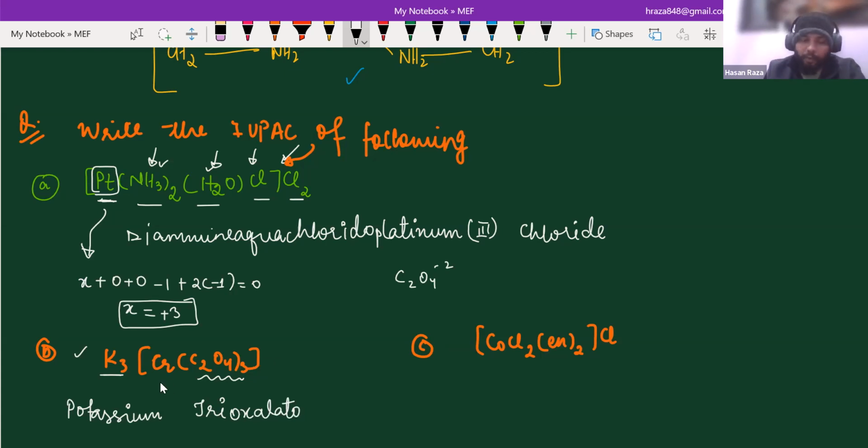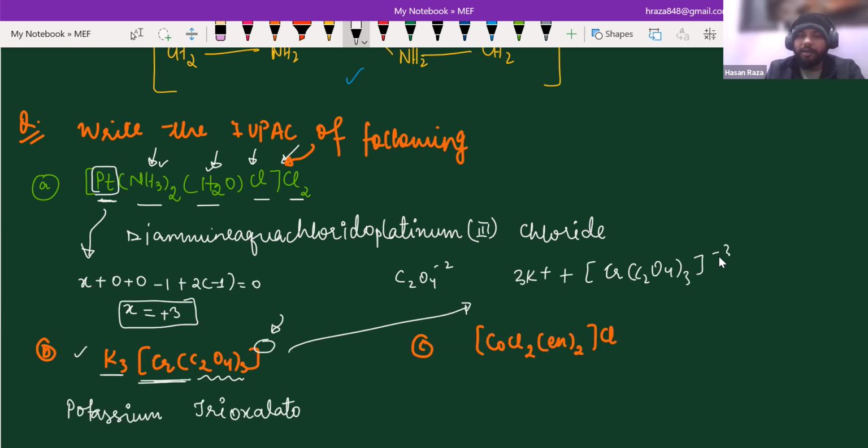And then before writing the name of the central metal atom, you need to look at this. You are looking at no charge. There is no charge, but there is a hidden charge. If you are going to ionize this, there will be 3 negative charge, yes or no? If you ionize it, what you will get? 3K plus, and then you will get [Cr(C2O4)3] minus 3. Yes, sir.